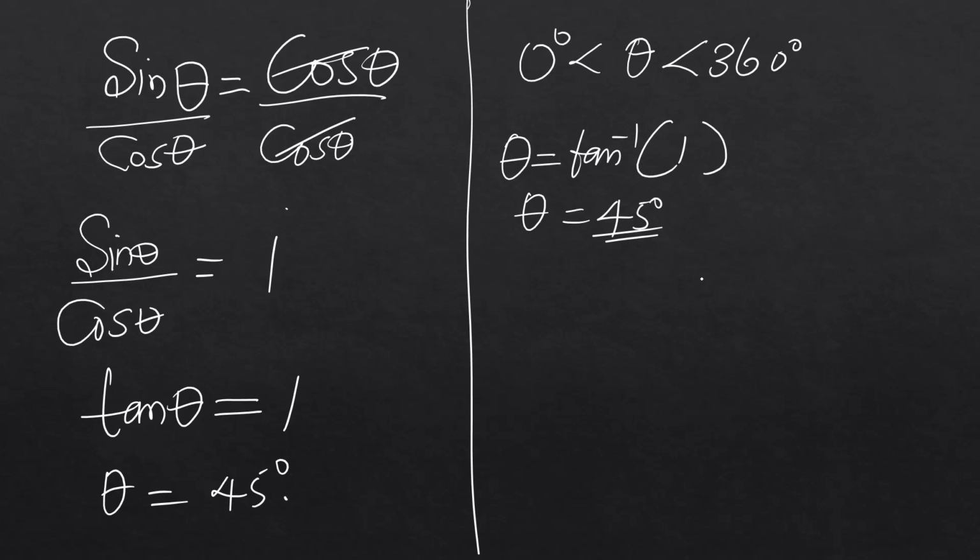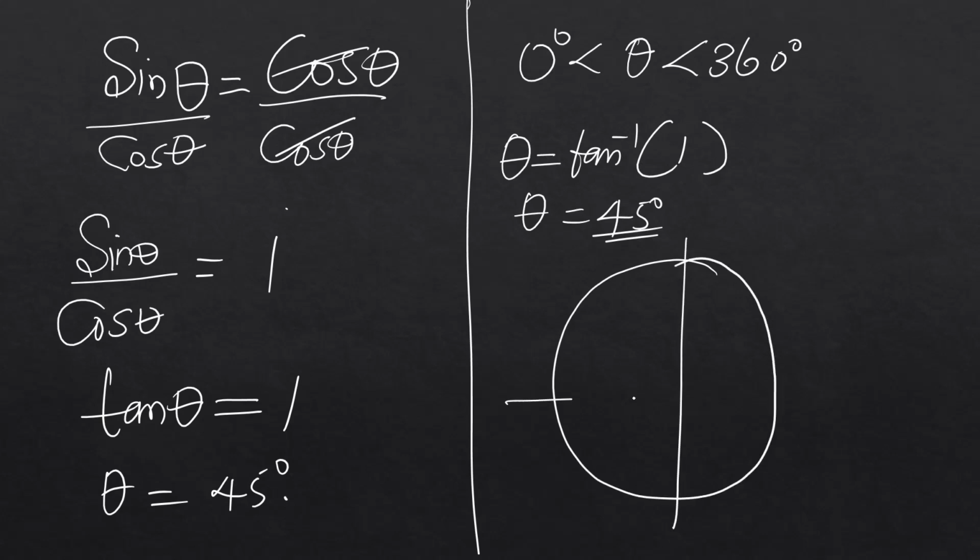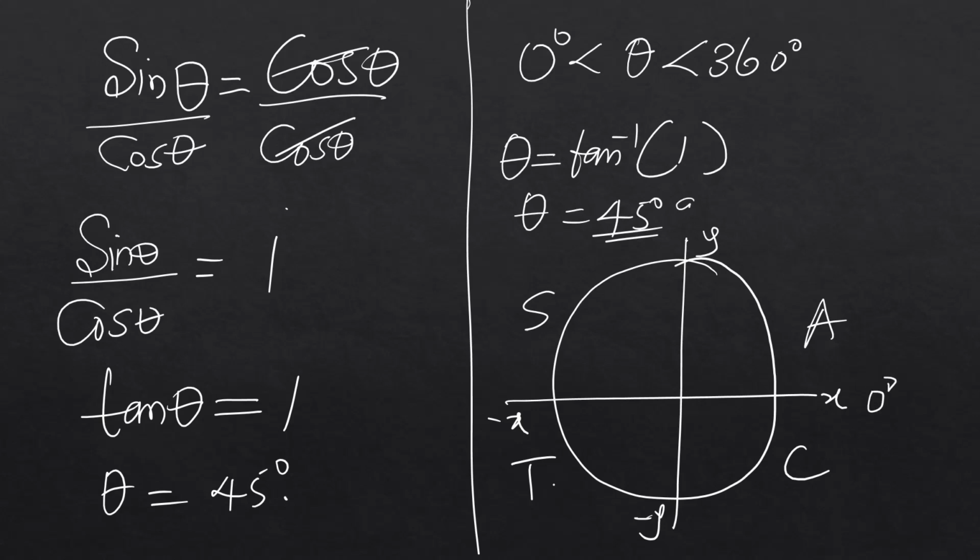So that means that what you have found is not the complete solution of this equation. Therefore, we are going to use the quadrant to get more values of theta. So this is y, this is minus y, this is x and minus x. This is CAST, as the name implies. Now, A means all the angles theta. This is 0 degrees and this is 90 degrees.